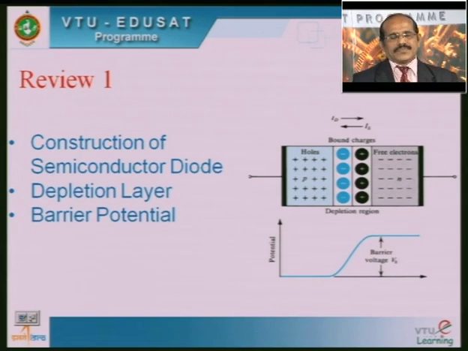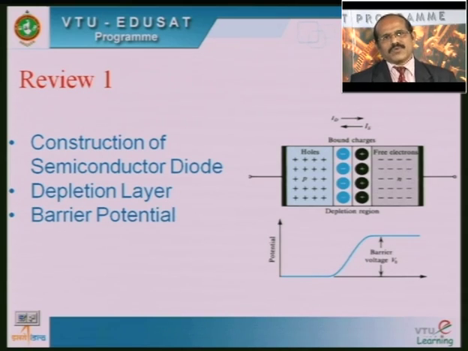week. As you know, the semiconductor diode consists of the P layer and N layer. When the P layer is joined with the N layer, the majority charge carriers in the P layer, that are holes, will start moving from the higher concentration region to the lower concentration region, that is P to N. Similarly, the electrons move from the N region to the P region.